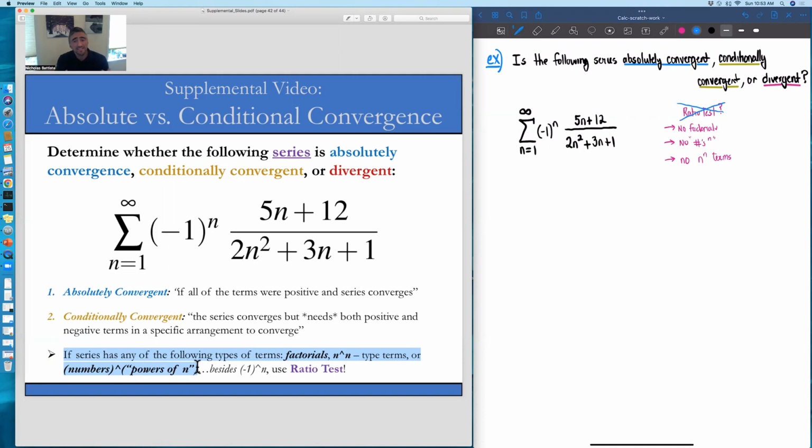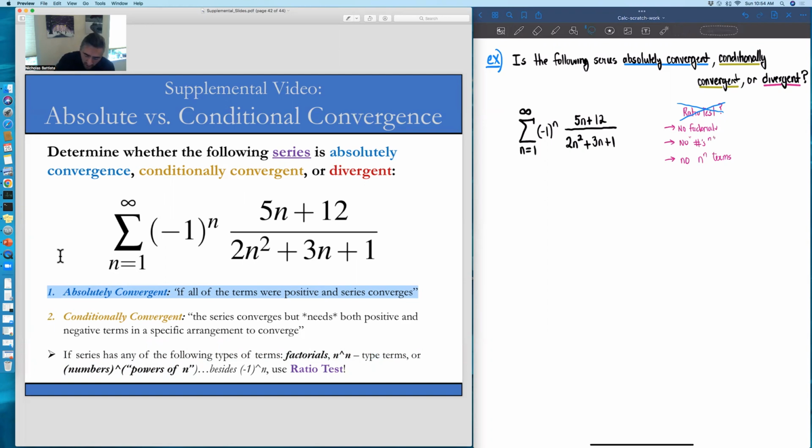So because of this, the ratio test is out in this problem. That means we're going to have to approach this absolutely convergent, conditionally convergent, or divergent problem the first way we've talked about, which is going back to what it really means to be absolutely convergent. Basically, take our series and look at the series with only positive terms by taking an absolute value of each term individually and determining whether that series converges.